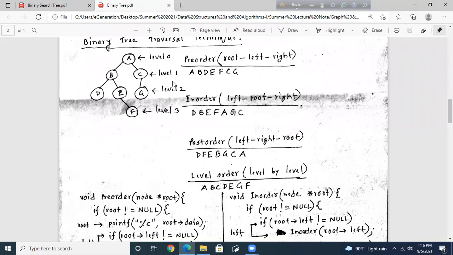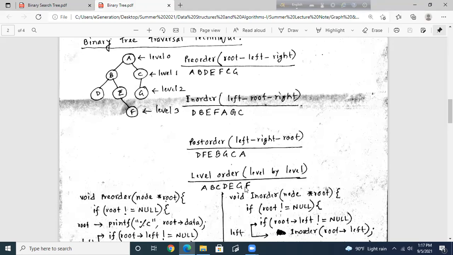At level 0, I have A, so at first I write A. In level 1, I have B and C, so I write BC. In level 2, I have D, E, G, so I write DEG. In level 3, I have F, so I write F.